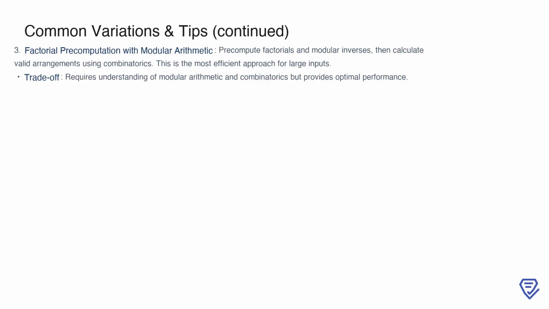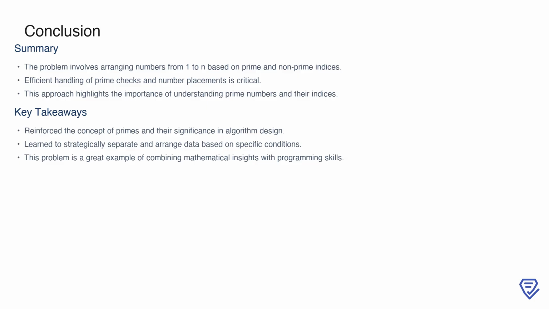The trade-off here is that it requires a solid understanding of both combinatorics and modular arithmetic, which might be challenging for some. However, mastering this technique provides optimal performance and is well suited for competitive programming or interview scenarios. By using this approach, you ensure your solution is both scalable and robust, making it the preferred method for tackling this problem effectively. Great work!